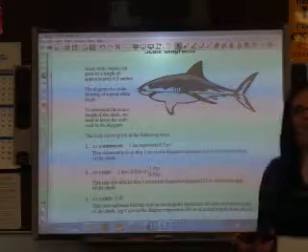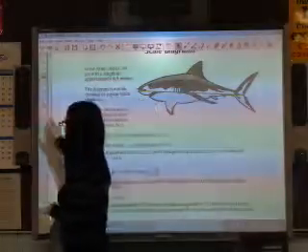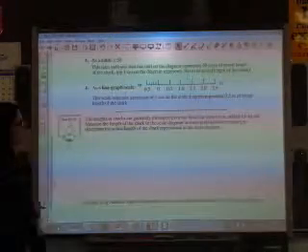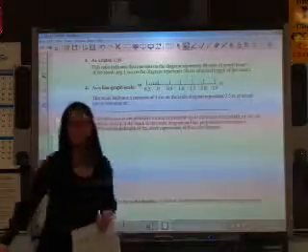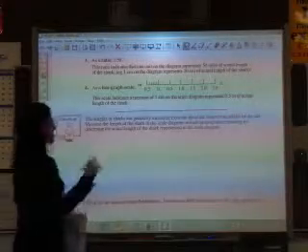If I drew a line, or measured from the tip of the nose to the middle of the tail, what did you get for the length? You guys have rulers, so what did you get? 9.5 centimeters. Okay, 9.5.